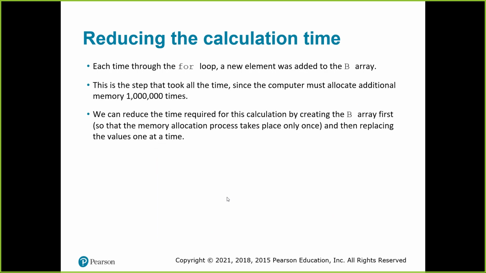So, reducing the calculation time. Each time a new element was added to the B array, that's where the time comes from: every time through the loop it had to create a new element for B. One way to reduce that is to create the B array before going into the loop, since we have memory for 1,000,000 elements in B first.